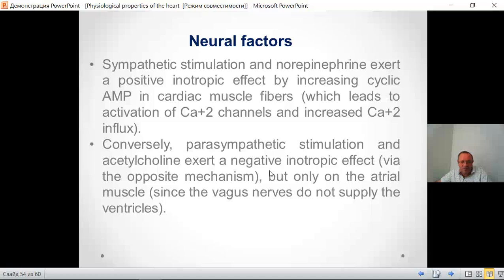Conversely, parasympathetic stimulation and acetylcholine exert a negative inotropic effect, but only on the atrial muscles, since the vagus nerves don't supply the ventricles.